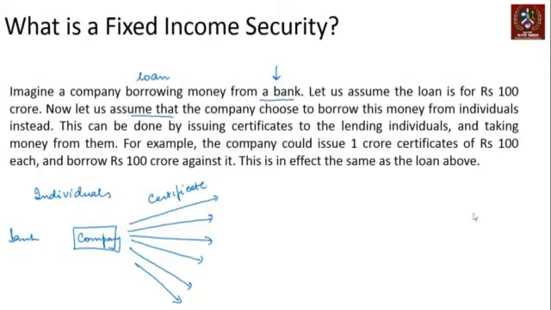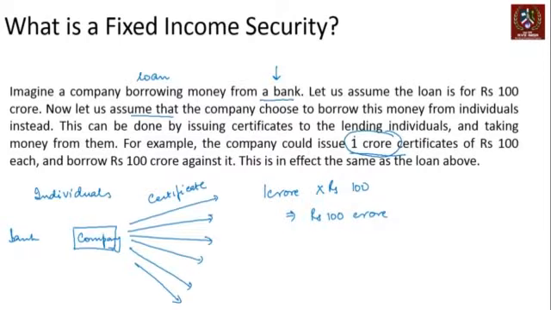The company could, for example, issue 1 crore certificates of rupees 100 each. So 1 crore certificates into rupees 100 each would mean a total loan of rupees 100 crore, same as the earlier case, just that rather than taking the loan from one entity like a bank, the company has raised the money from 1 crore different individuals.